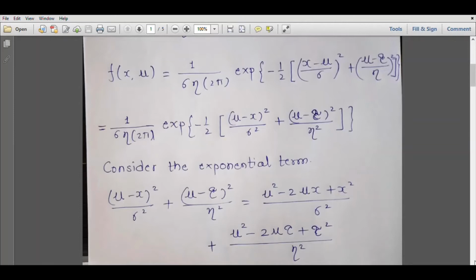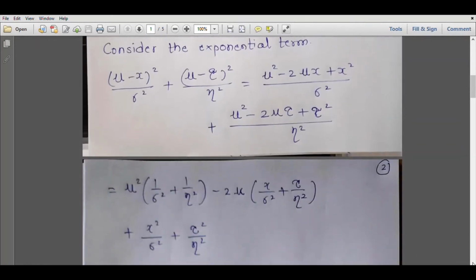Can we simplify this further? What will happen if I gather all the terms containing mu and all the terms containing mu square? So let us first collect all the terms containing mu square. So the coefficient will be 1 by sigma square here, and here the coefficient will be 1 by eta square. So it will become mu square into 1 by sigma square plus 1 by eta square.